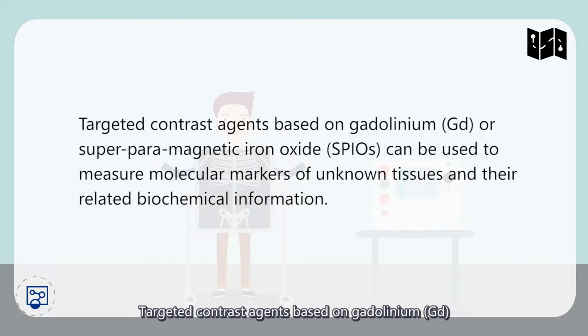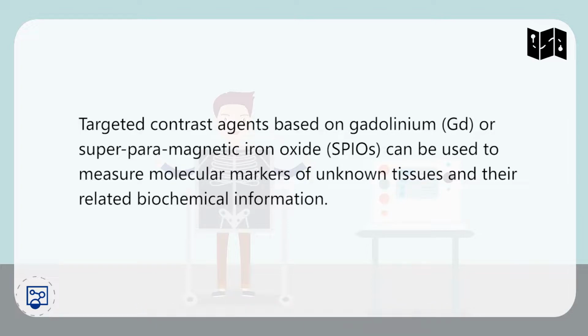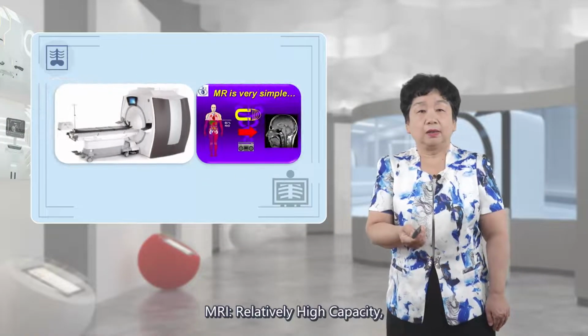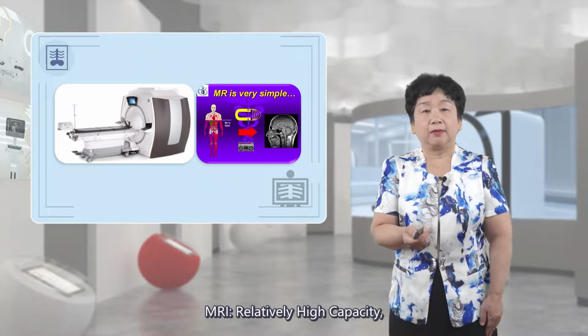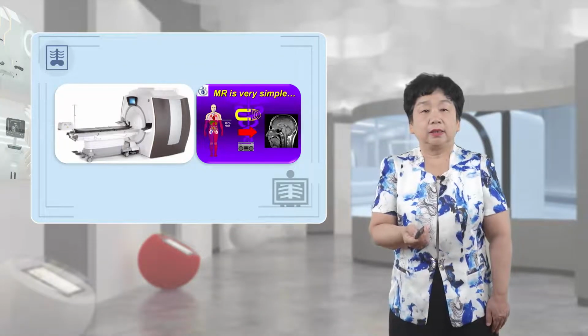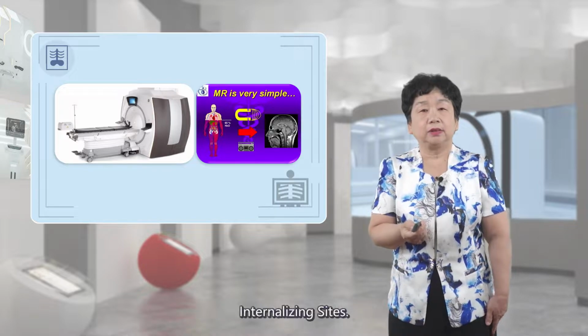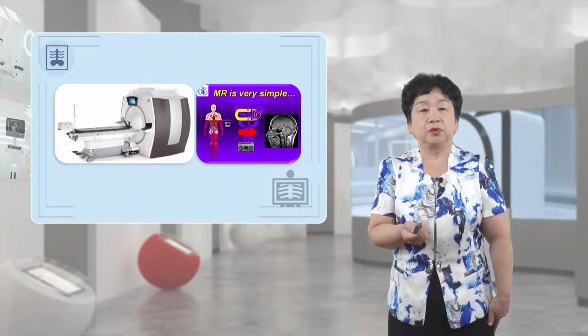Targeted contrast agents based on gadolinium, Gd, or superparamagnetic iron oxide, SPIOs, can be used to measure molecular markers of unknown tissue or their related biochemical information. MR has relatively high capacity, and for both non-internalizing and internalizing binding sites, they can be used.